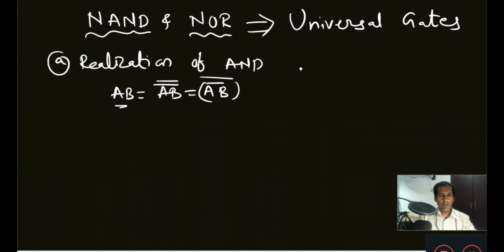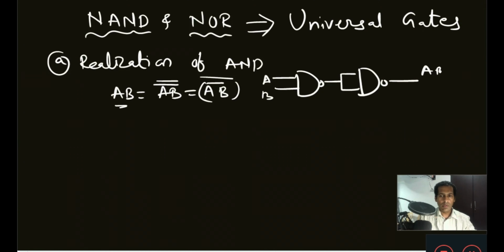So by using NAND gates we can make the AND gate: A and B are the two inputs given to one NAND gate, its output will be given to a second NAND gate, so it will be AB double bar, that is nothing but AB. So this is the realization of AND using NAND only.